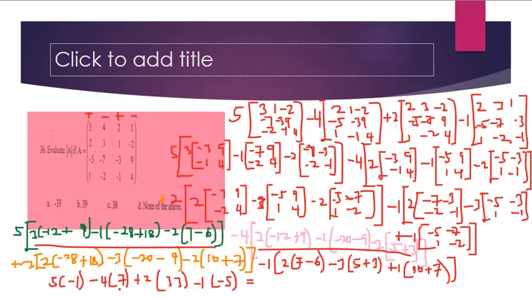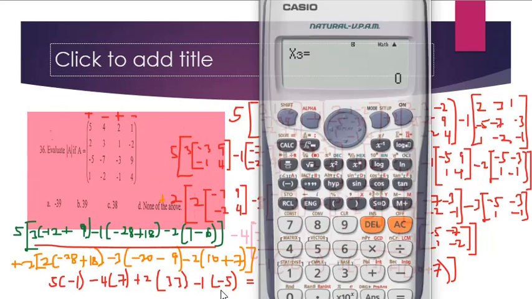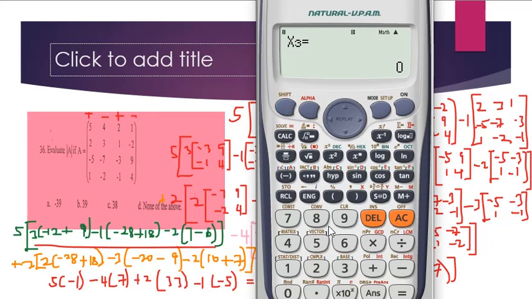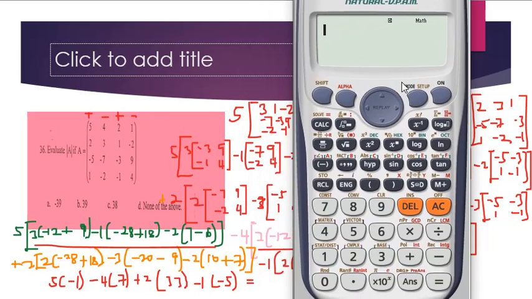So let's punch the entire of this on our calculator and just find the final answer, okay, right. So we have that. Let's clear everything. Now let's punch this on our calculator. So we have 5 minus 1, okay, minus 4, 7, and then we have what?